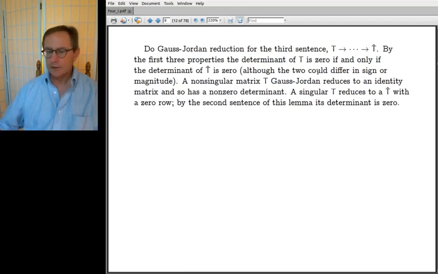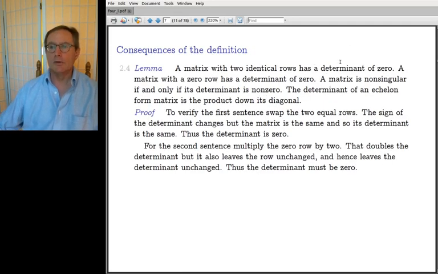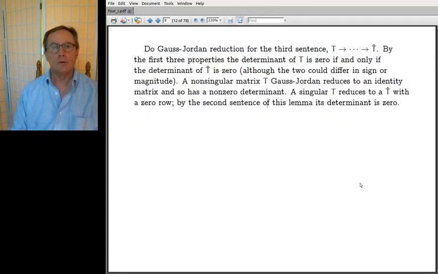Now, the third sentence, remember before I switch over, the third sentence says a matrix is non-singular if and only if its determinant is non-zero. So that's the one we're super keen on. So the idea is if you give me a matrix and I do Gauss's method on it, I'll start with T and I'll get to T hat. By the first three properties of the determinant, the determinant of T is 0 if and only if the determinant of T hat is 0.